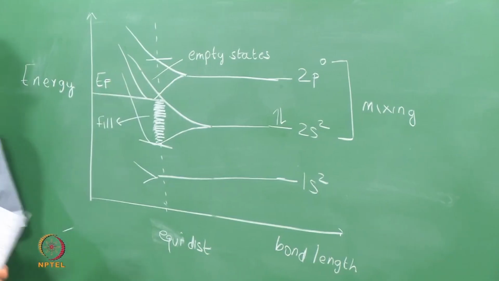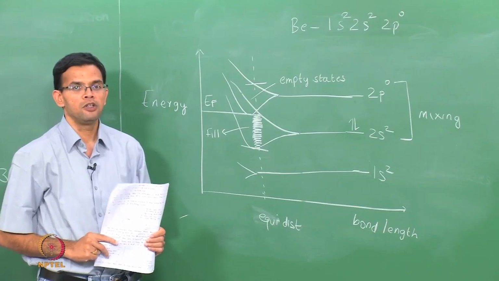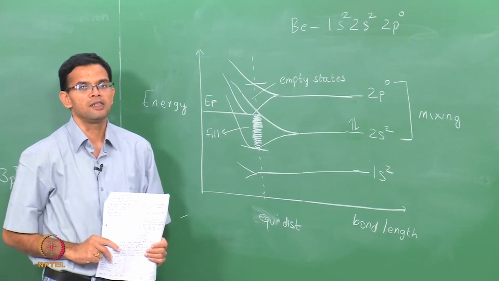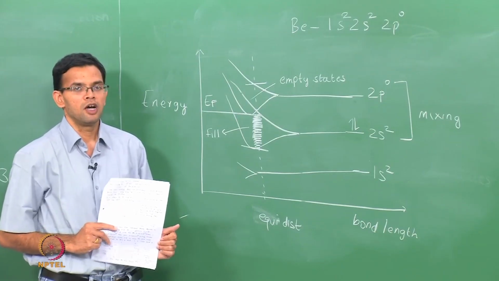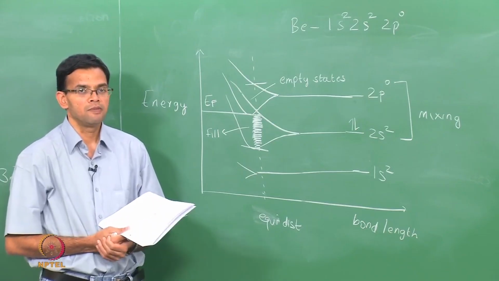So that is the reason why beryllium or magnesium, even though they have a full 2s2 electronic configuration, are still considered metals, because they have mixing between the s and the p, so that now they have a band that is half full and half empty.